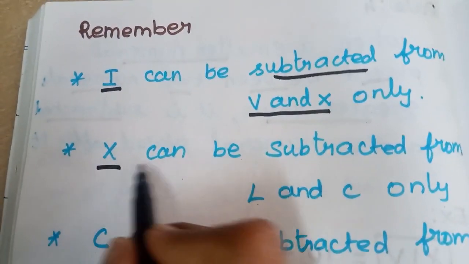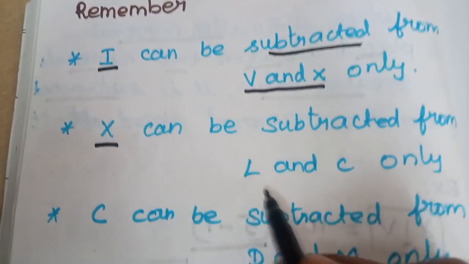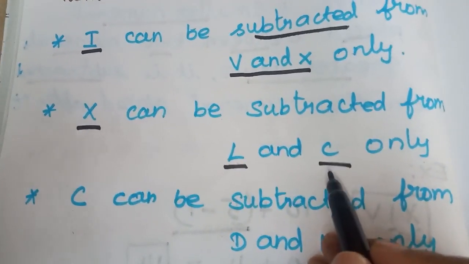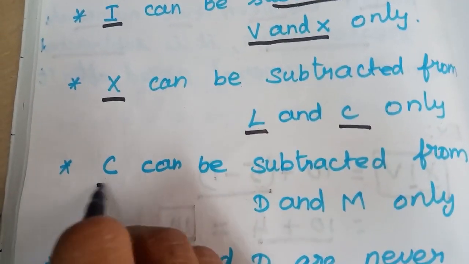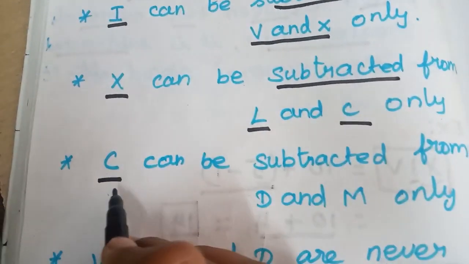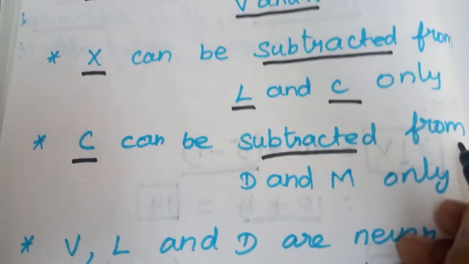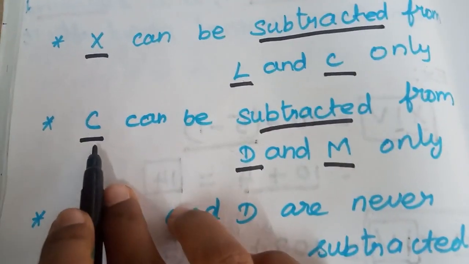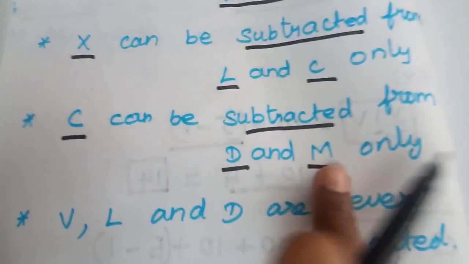Same, X can be subtracted from L and C. L means 50, C means 100. Okay, next one. C can be subtracted from D and M only. D is 500, M is 1000.